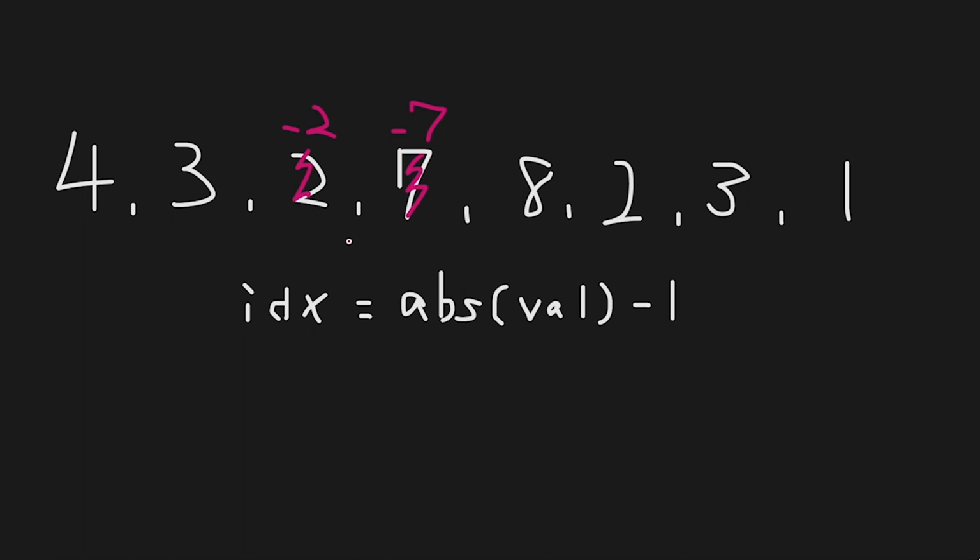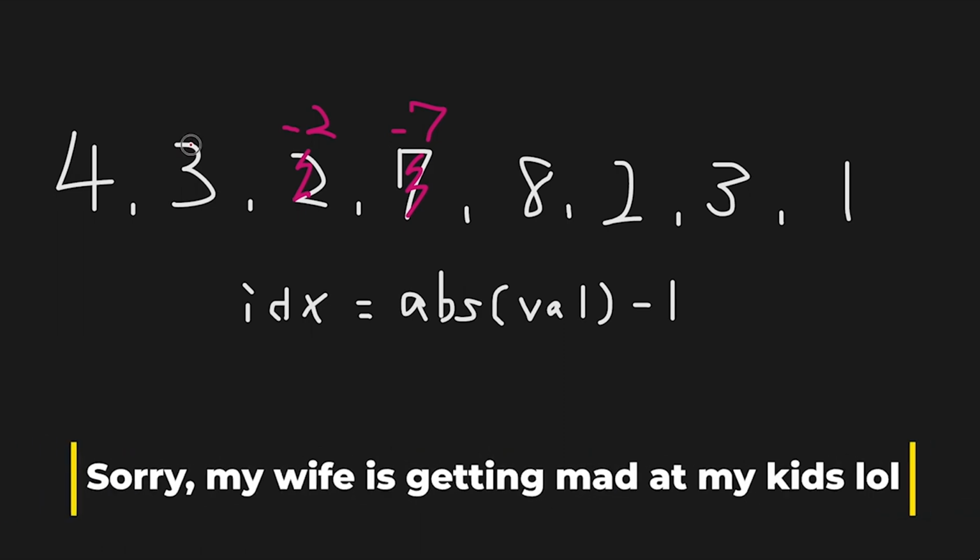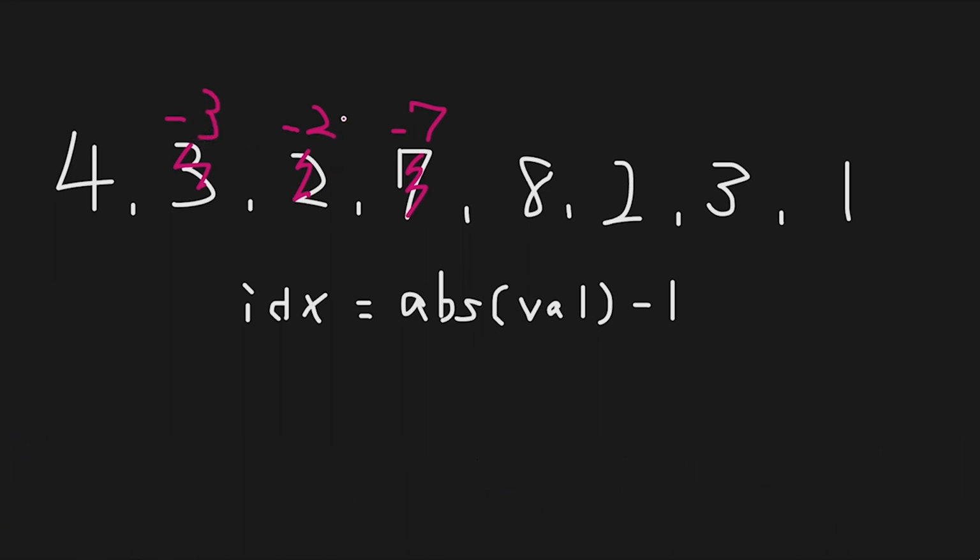That's why we need to get the absolute value to calculate the index number. So the value is already negative, but if we get the absolute value, 2 minus 1 is 1. So check index 1. The number at index 1 is positive, so multiply by negative 1 and it becomes minus 3. So move next.